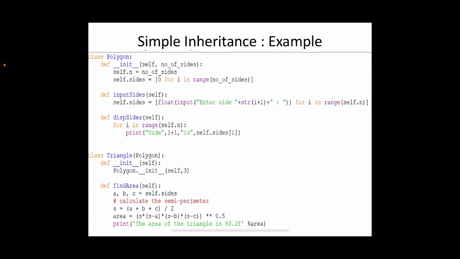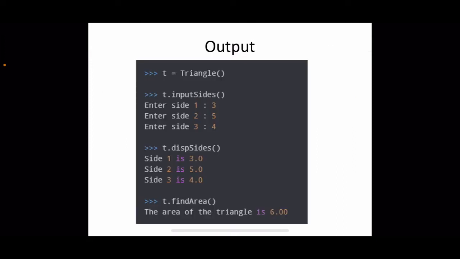Now we'll see how an object can be created for the triangle and how these methods can be invoked from the parent class. You can see here we are creating a new object, instantiation. t is equal to Triangle. We are creating a new object of type triangle class. And what happens here, automatically the init method will be invoked, right? Init inside the triangle will be invoked.